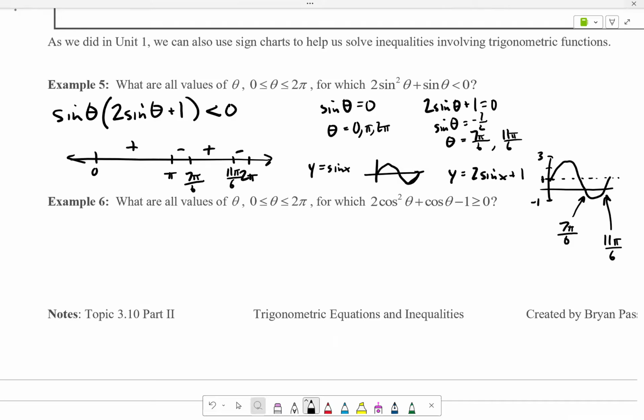Good point. We have to keep in mind that we're multiplying one factor by another one. So those little negatives that you see over there are being multiplied by the negatives over here, which result in a positive.